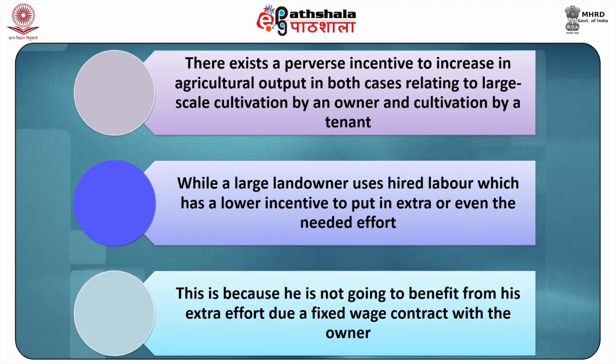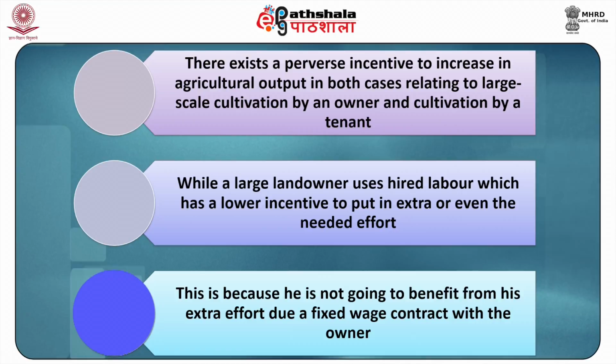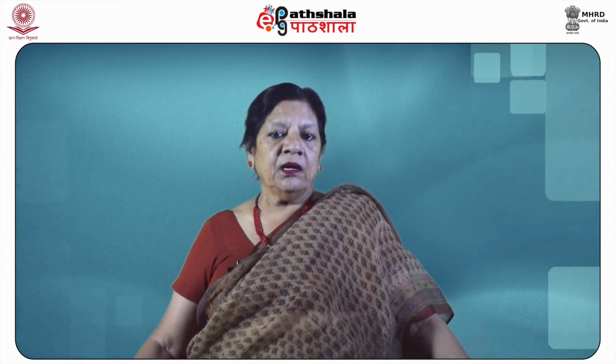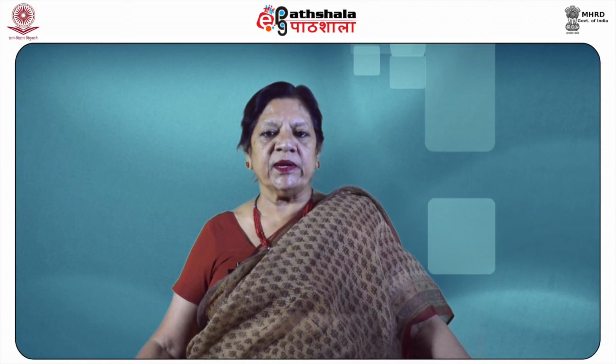A large landowner uses hired labor, which has a lower incentive to put in extra or even the needed effort. This is because the laborer is not going to benefit from extra effort due to a fixed wage contract with the owner. He may not even work as hard as he should to justify his wage.